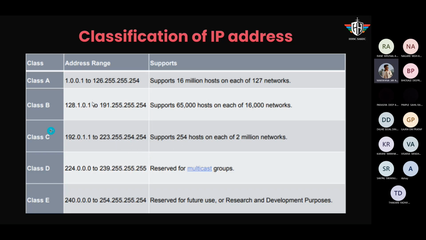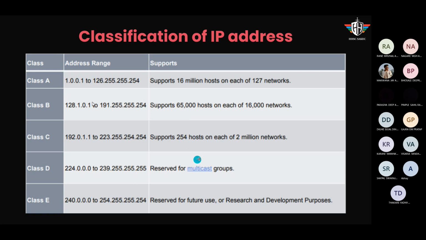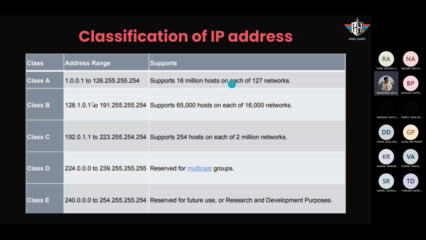Okay. So for the different uses, we have divided IPv4 into different classes. That is the main point of this. Different classes can provide different numbers of networks.